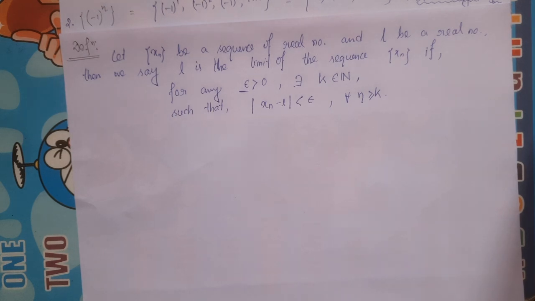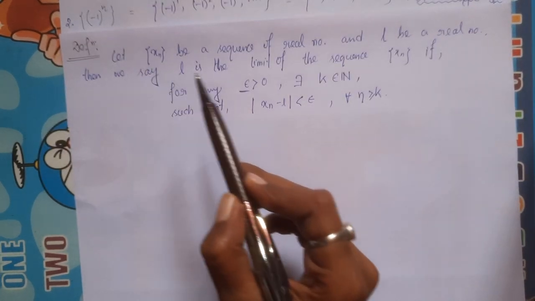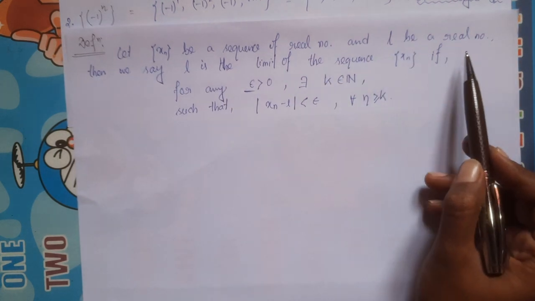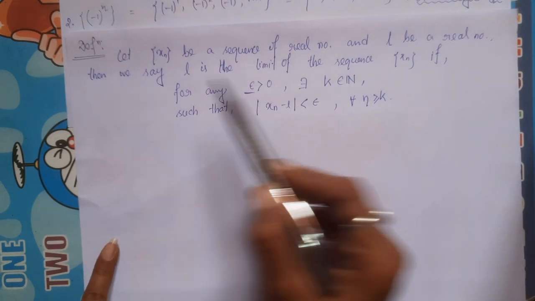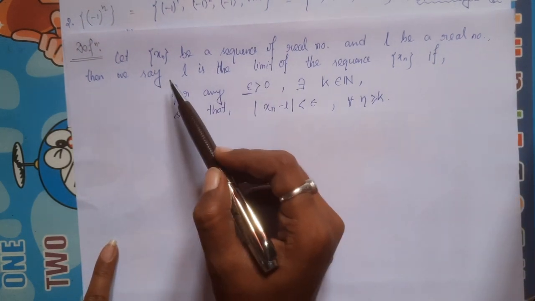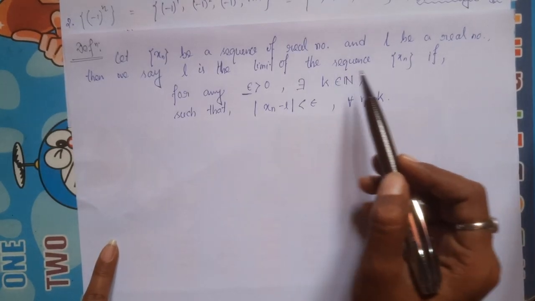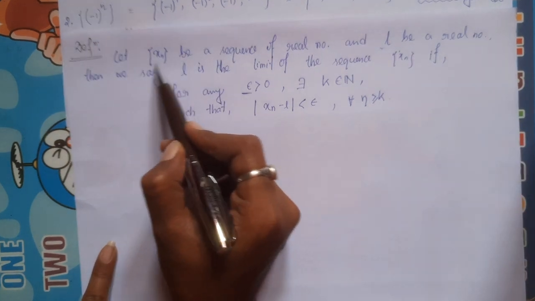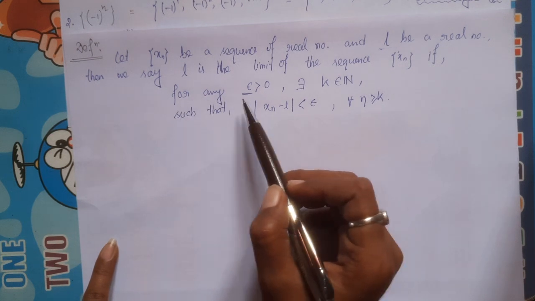Okay, so clearly see what it says. Let x_n be a sequence of real numbers, or a real sequence, and L be any real number. Then we say that L is the limit of the sequence x_n if for any epsilon greater than 0.